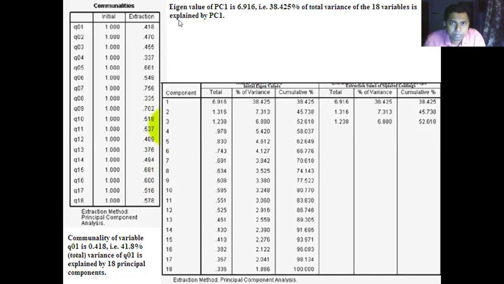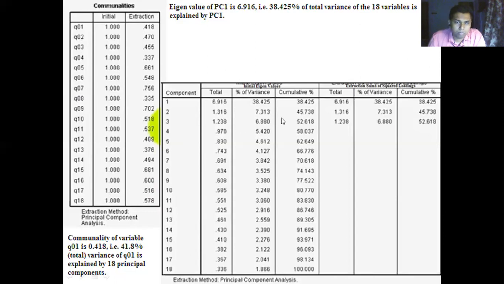Similarly, we can also see for Q2 and Q3 what the communality is.